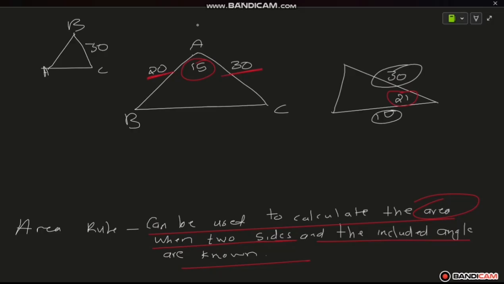We have 30 right here and we have 30 here. Then the angle inside here becomes the included angle formed by 30 and 30. I hope that makes sense. The 20 becomes the included angle. So that's very, very important. You must know what an included angle is and how it is formed.